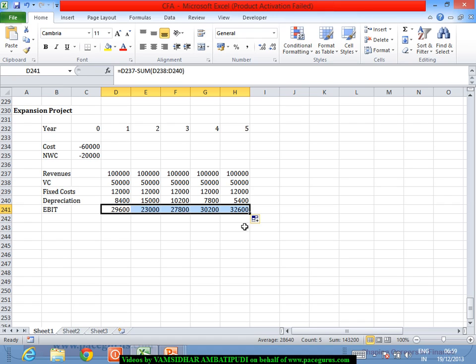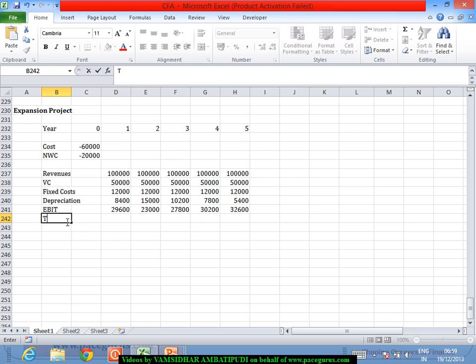Right, once I have the EBIT, I don't have the interest, so probably I can consider the taxes. Now in this case, what is the tax rate? 35%.